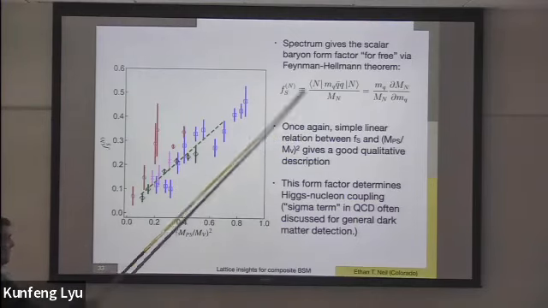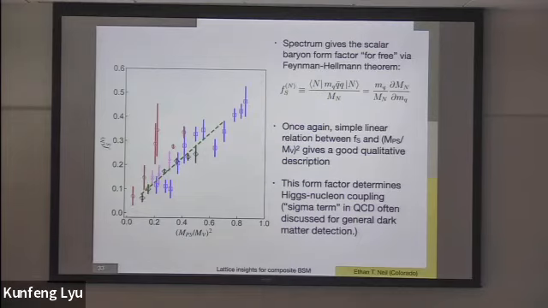The insertion of the scalar current within a nucleon is related to the slope. So this is just using those lattice results, numerically taking the derivative, and plotting the inferred scalar matrix element f_s versus the quark mass. Once again, I see a nice simple linear dependence on the quark mass.